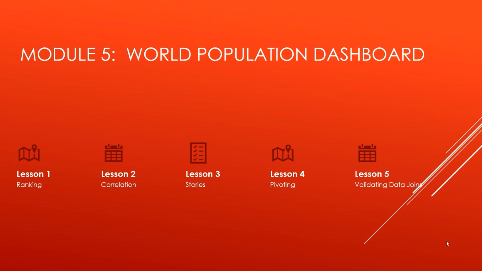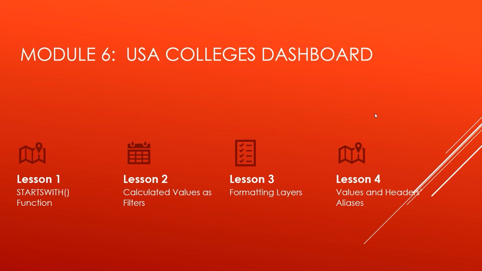We moved on to correlation, and then we skipped stories, and we learned how to do pivoting different columns of data. And after we did that, we spent some time creating our dashboards, and then we added some of our dashboards as story points. And we ended by using the CSV files so that we could learn how to go about validating data joins. In Module 6, we'll work with the USA Colleges dataset.